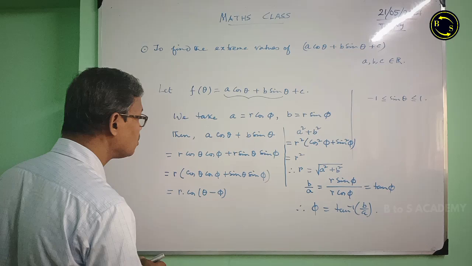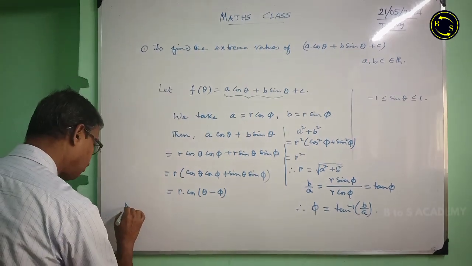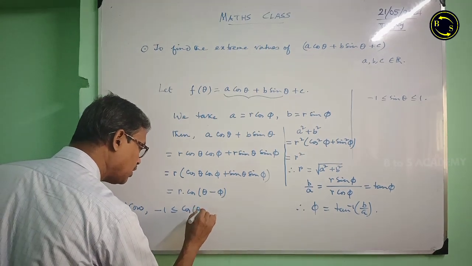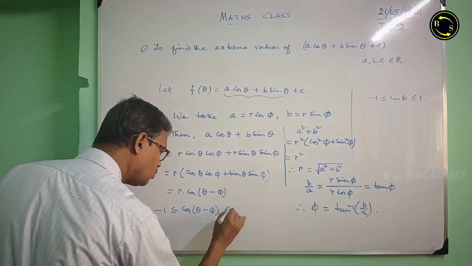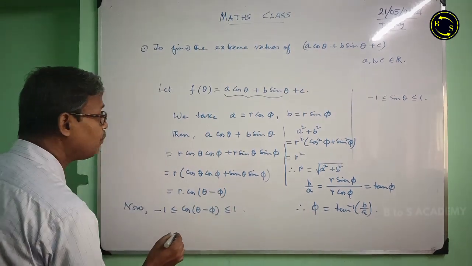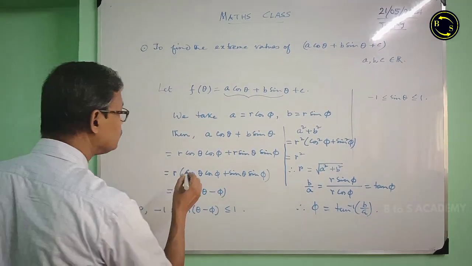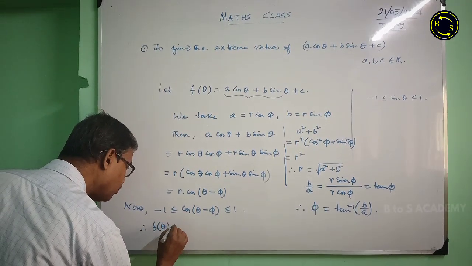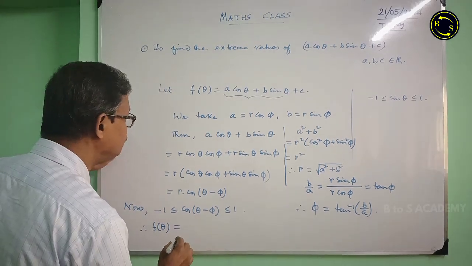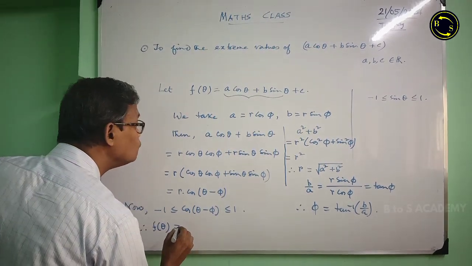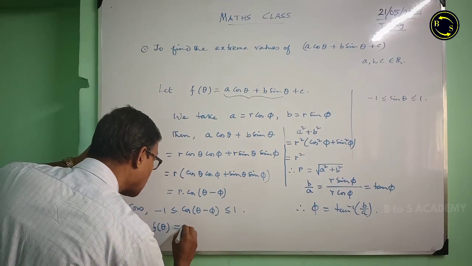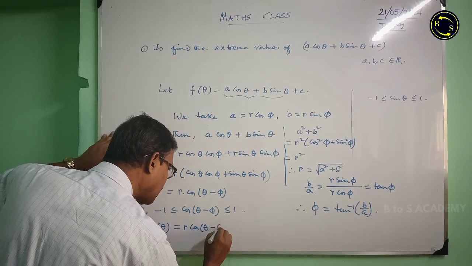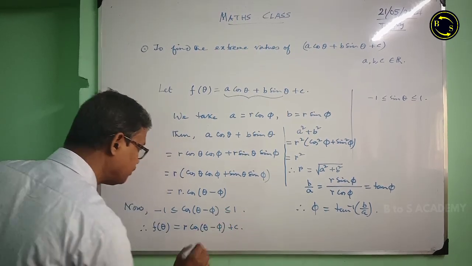We have got the cos form here. Now minus 1 less than or equal to cos of theta minus phi less than or equal to 1. Therefore f theta will be equal to r cos of theta minus phi plus c.